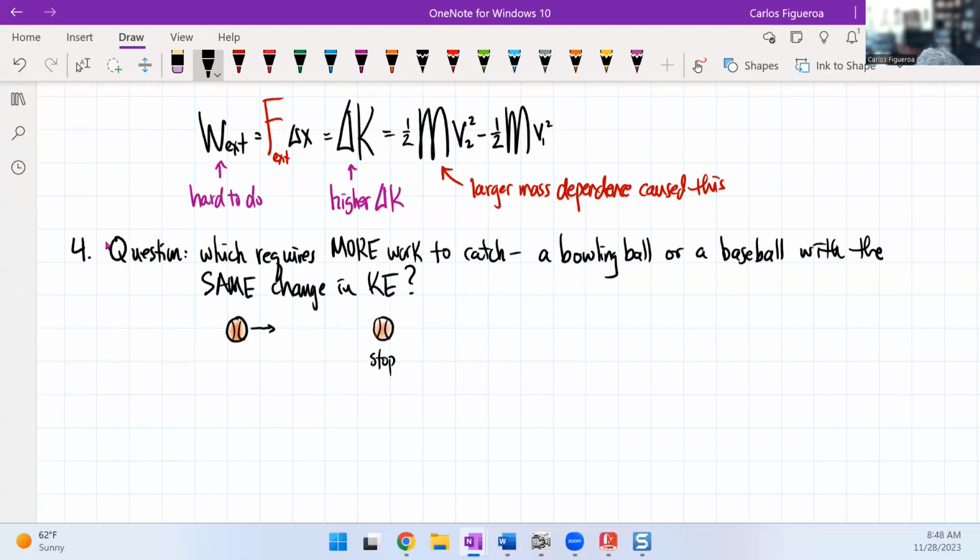And then you have a bowling ball that you also throw, and you want to also stop this bowling ball. But the trick here is that they both have the same change in kinetic energy.